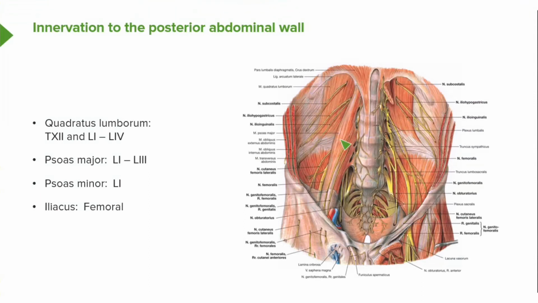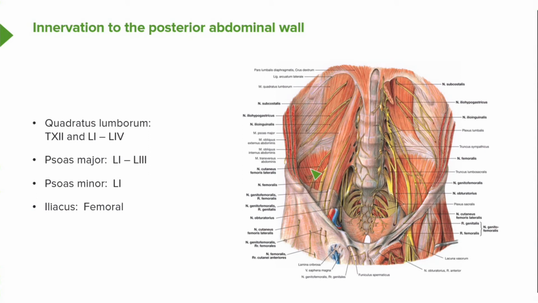The psoas major, which is seen on the opposite side, would be innervated by L1 through L3 levels. The psoas minor, which we see here, the muscle belly is very thin. We see the tendon of the psoas minor. It will be innervated by L1.